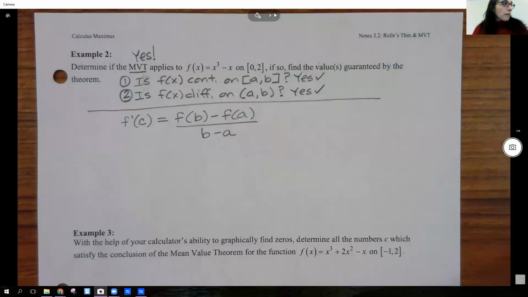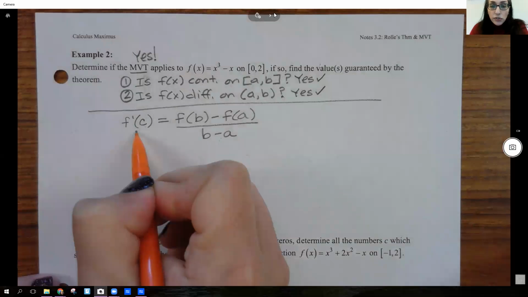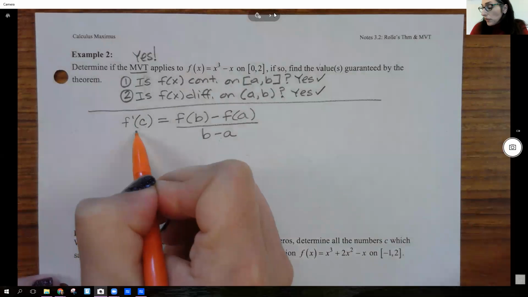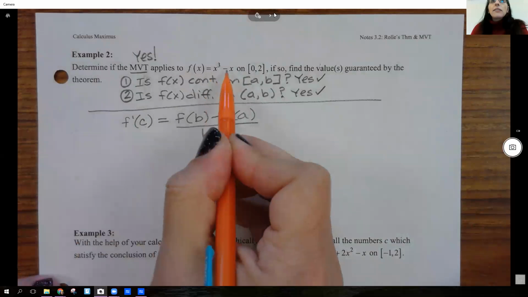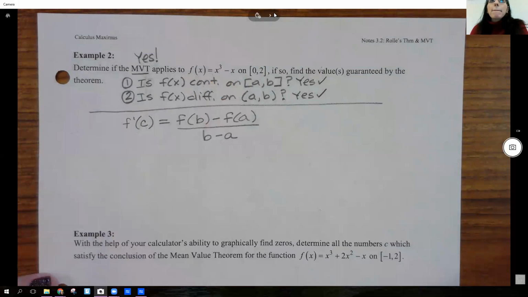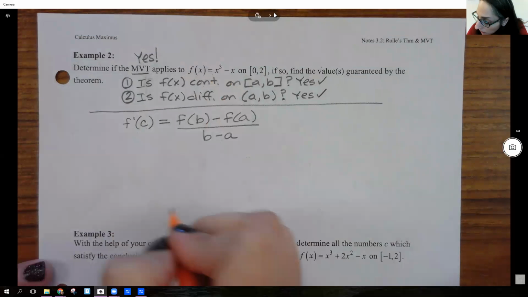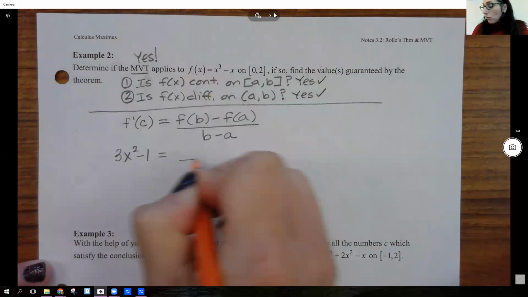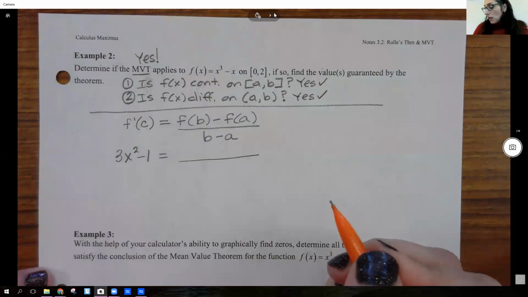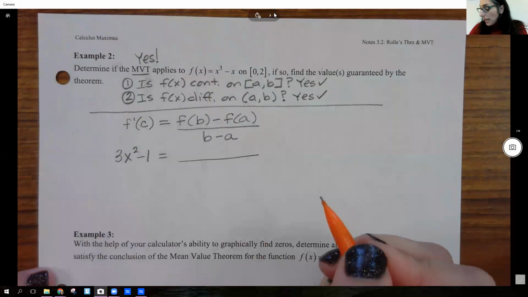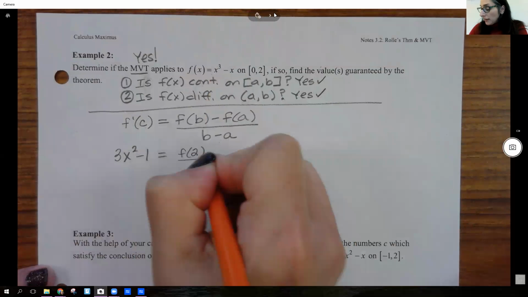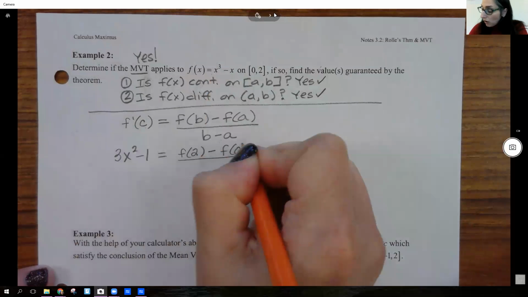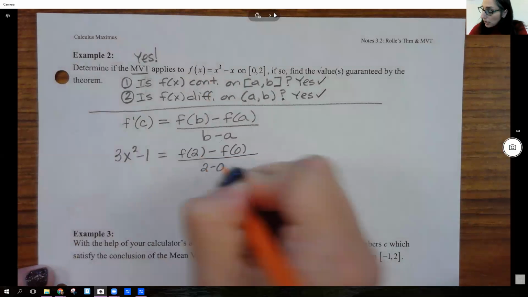All right, so this side requires us to do the derivative. So what is the derivative of x cubed minus x? Good, 3x squared minus 1 equals. Now, over here, we got to do a little plugging in. This is going to be f of 2 minus f of 0 all over 2 minus 0.